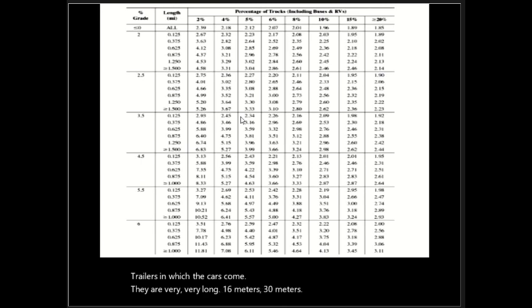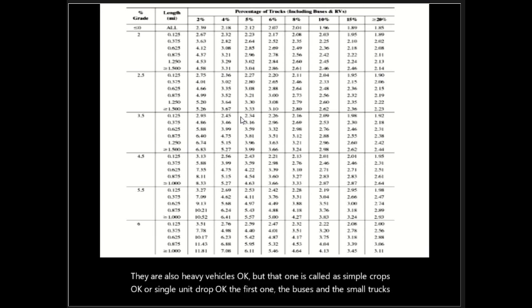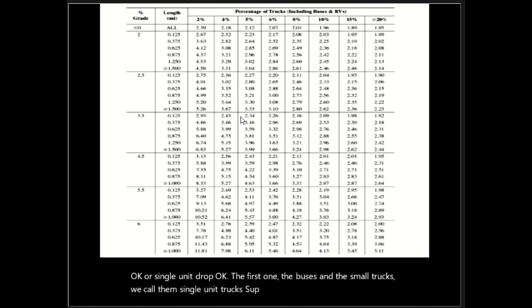So there are trucks which are heavy vehicles, buses which are heavy vehicles, and then these long trailers, which are also heavy vehicles. The buses and the small trucks, we call single unit trucks, SUT. And those big trailers which carry containers and cars, we call trailer trucks.